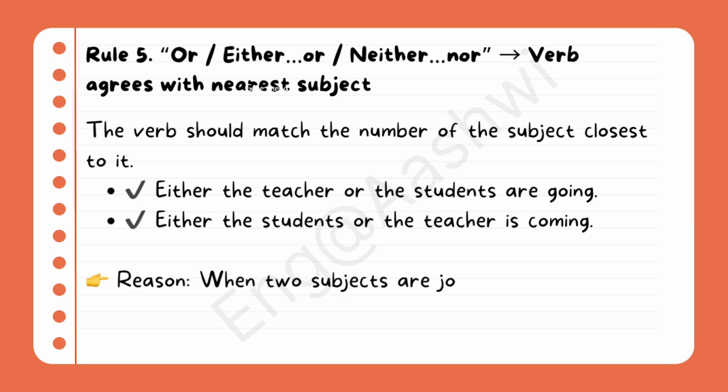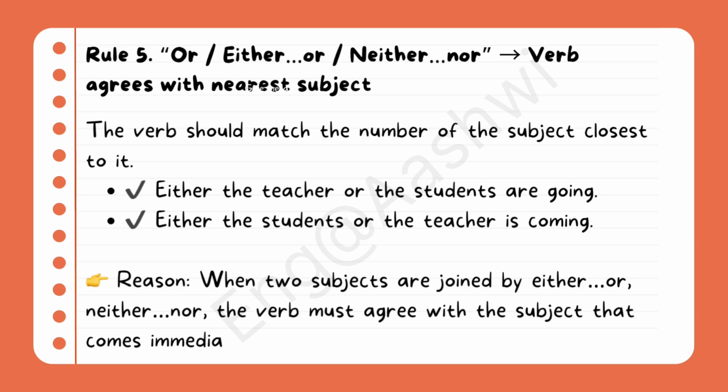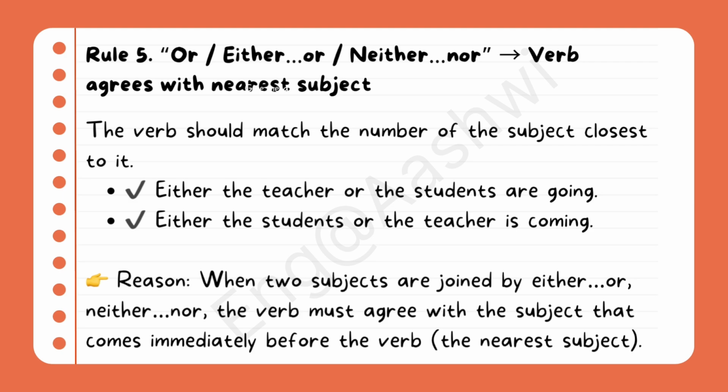For example, either the teacher or the students are going, either the students or the teacher is coming. So here you can easily find the difference. The reason is, when two subjects are joined by either or, neither nor, the verb must agree with the subject that comes immediately before the verb, that means the nearest subject to the verb.